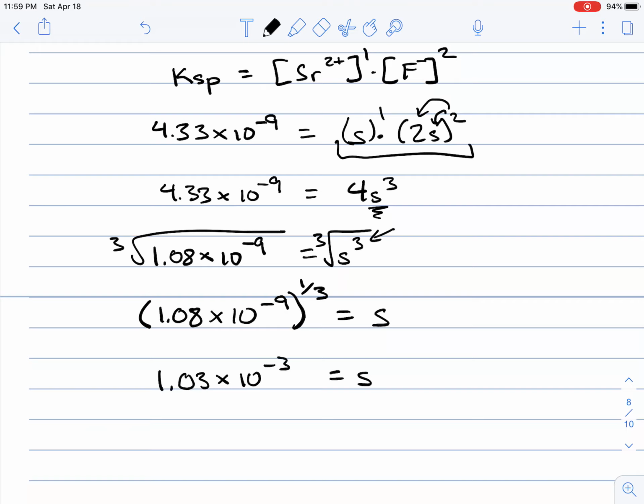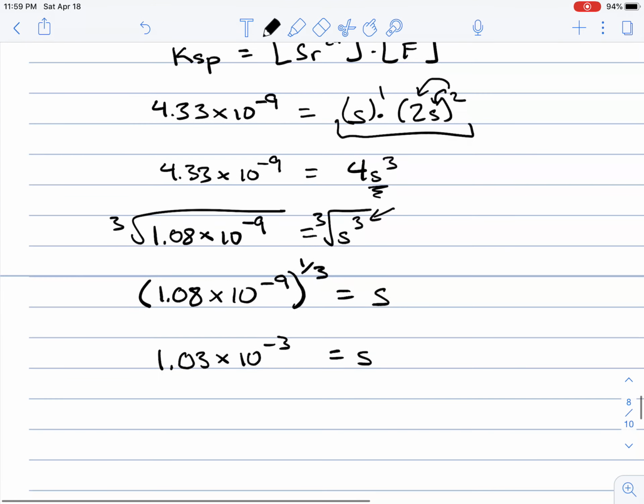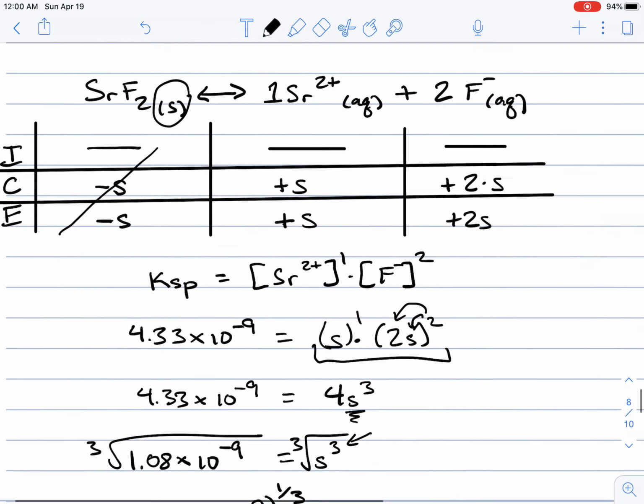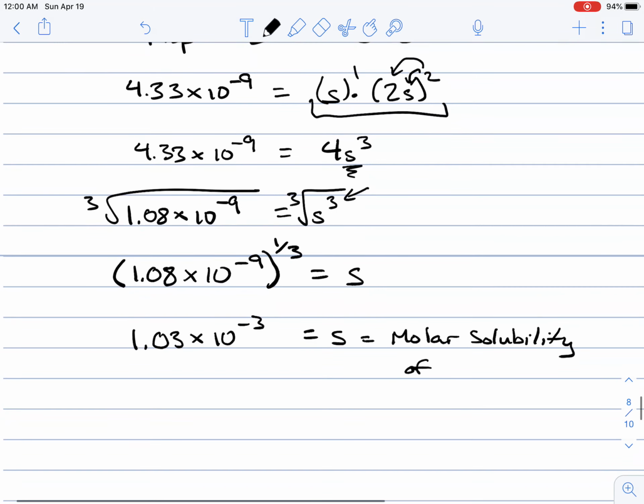And since, if you recall from the first lecture video, S represents the molar solubility of our slightly soluble, mostly insoluble substance, this is going to refer to the molar solubility of what was the strontium fluoride. And to make sure that we are representing molar solubility, we're just going to add the unit molarity.